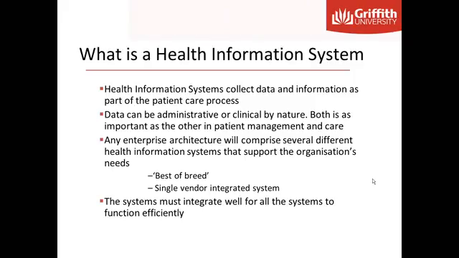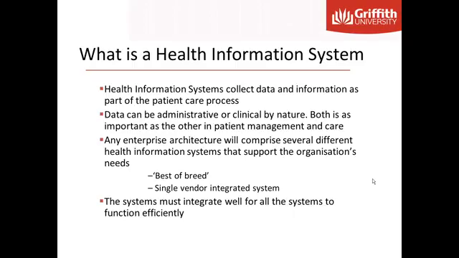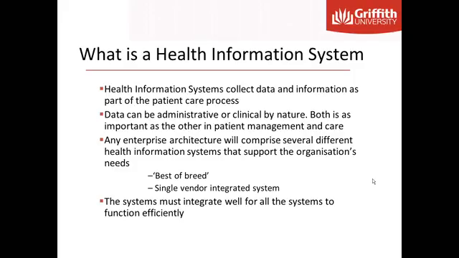But the key is quite clear, hopefully. The systems have to integrate together for them to function efficiently. It's no point having different systems, perhaps best of the breed, if they do not communicate and talk with one another, because that's going to end up with silos.